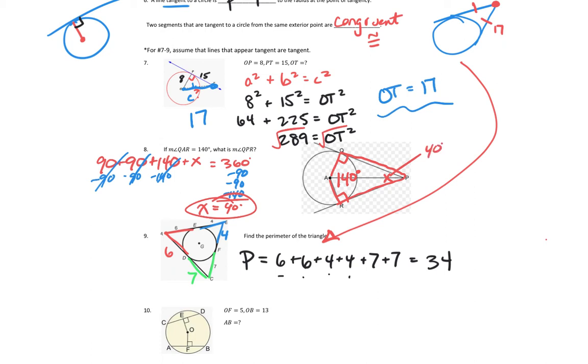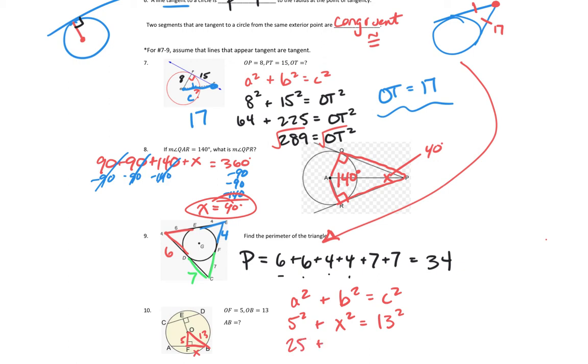Moving on. So we've already done number 9. Let's bounce down to number 10. We got OF is 5. Where you at? Right there. 5. We got that OB is 13. And we're looking for AB. So before I find AB, maybe I should find FB because I see a right triangle and I'm thinking Pythagorean theorem. So a squared would be one of the legs squared, so 5 squared. b squared would be another leg squared, so x squared. And then c squared has to be the hypotenuse, which is 13.